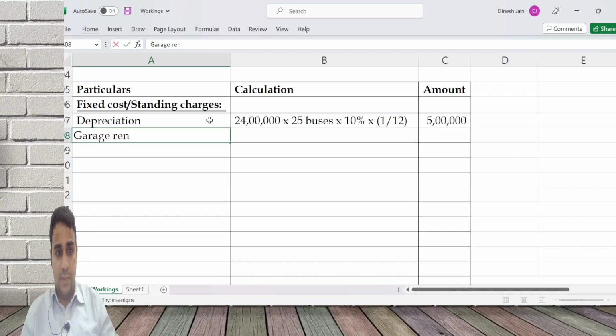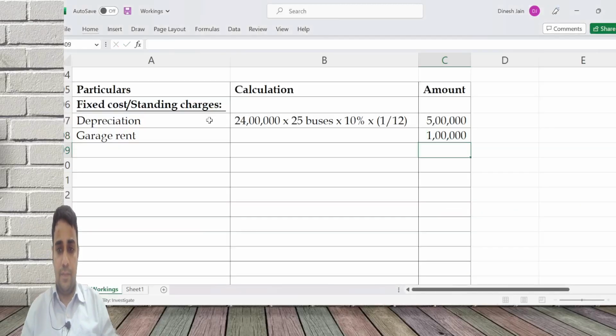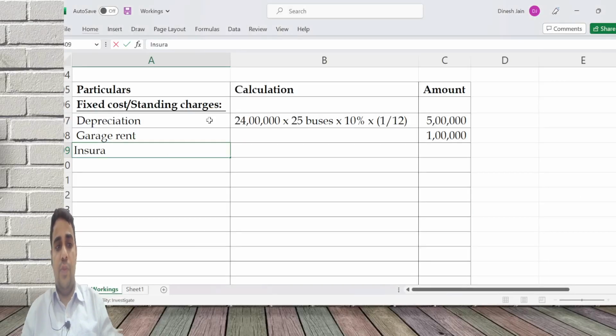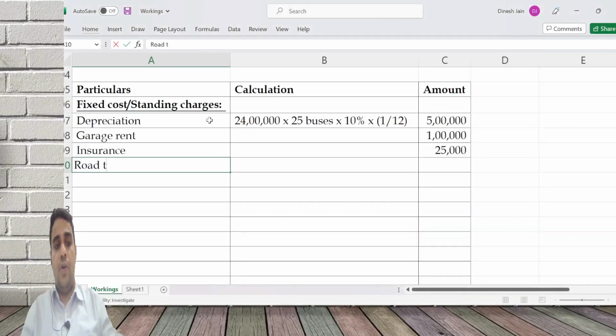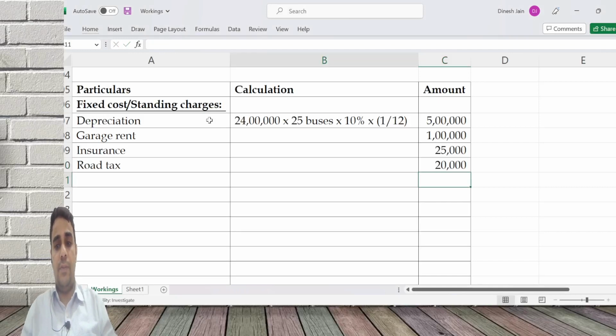Garage rent, 1 lakh rupees. Insurance, I'm assuming all figures are for 25 buses together. We are not multiplying; if they say per bus, we will multiply. Insurance 25,000. Road tax 20,000.